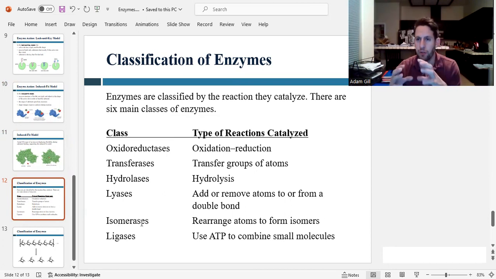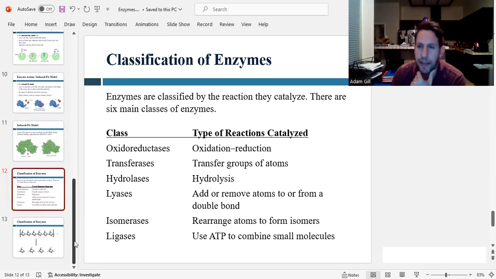Isomerases will take a molecule and rearrange it into a different isomer. Like you can take a cis and turn it into a trans, things like that. And then ligases connect two smaller molecules. So a ligase will take these molecules and covalently bond them to each other. And those are the 6 classes of enzymes.